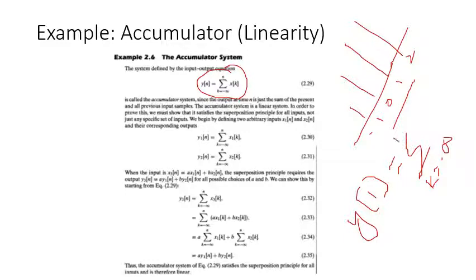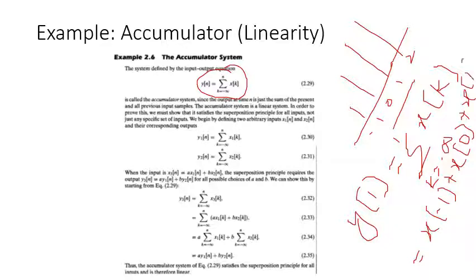What is n? 1, because we are going to compute the output till 1, x[k]. If I expand this, this will be x[-1] plus x[0] plus x[1]. So the accumulator adds all the previous values till n.